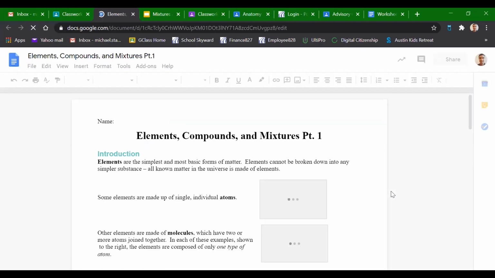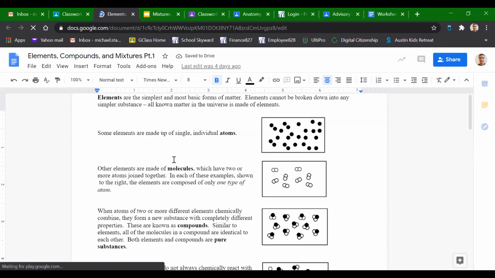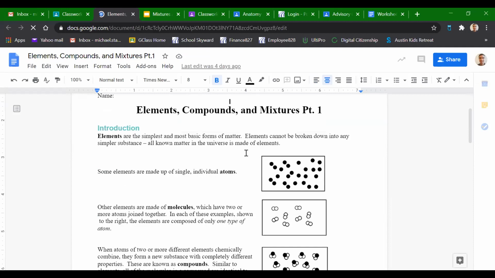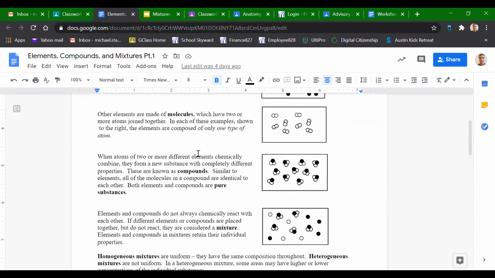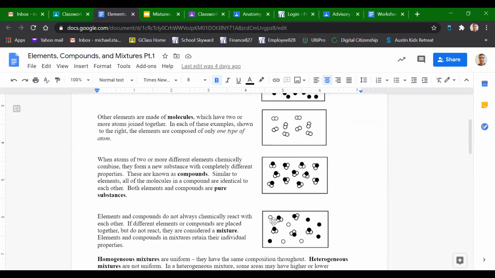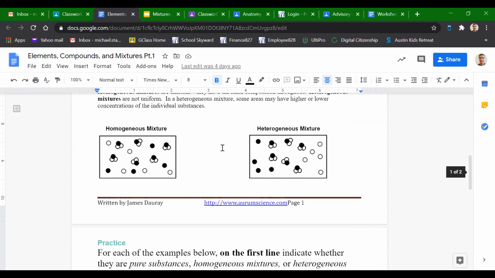So for the assignment that got posted today, the first page of it has a little bit more kind of notes type structure. It just gives you some more information about elements and compounds and mixtures. Again, we can see our homogeneous mixture down here on the left, where all of the different elements and particles are more or less evenly distributed, right?